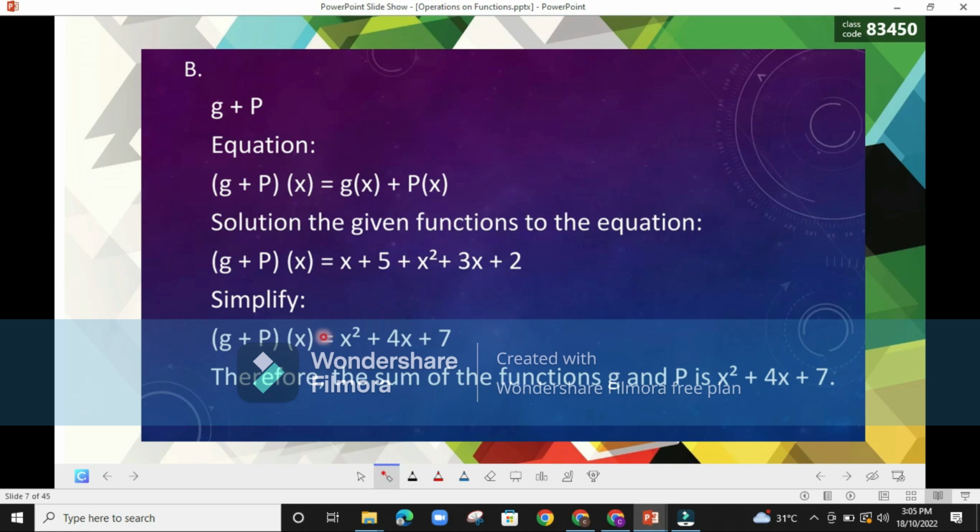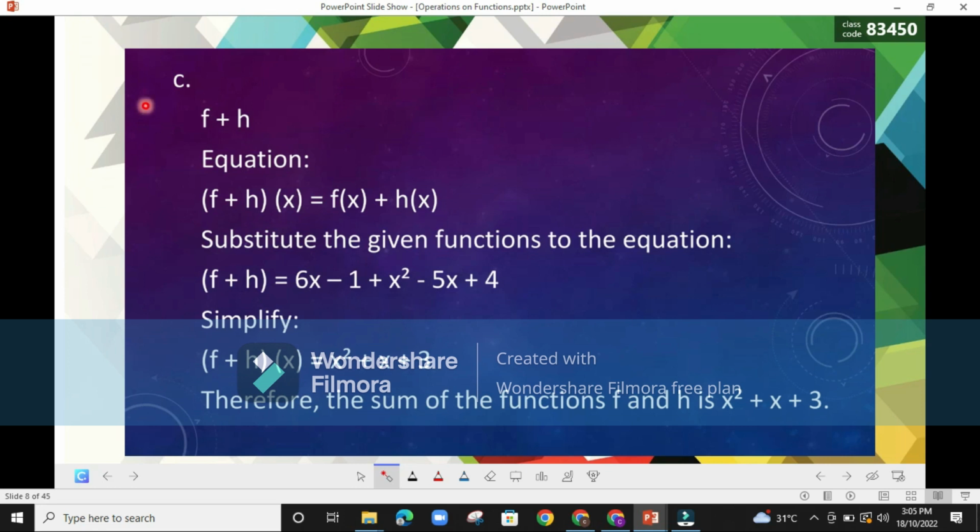Combining like terms and arranging the terms in descending order based on degree, we have x^2, then x plus 3x, you have 4x, then 5 plus 2, you have 7. Therefore, (g + p)(x) = x^2 + 4x + 7. Therefore, the sum of the functions g and p is x^2 + 4x + 7.